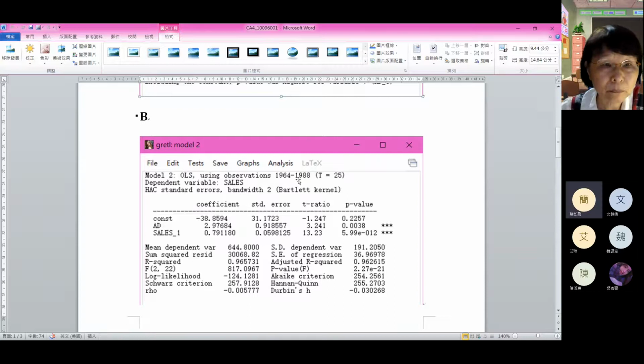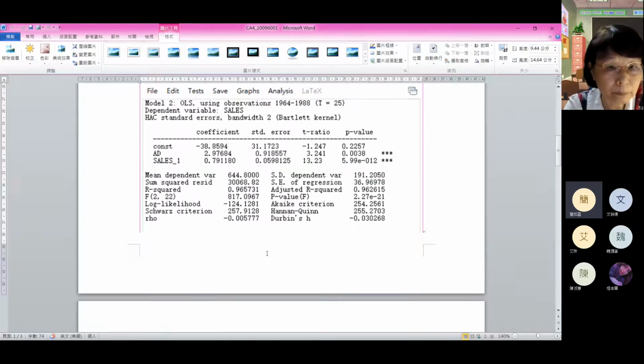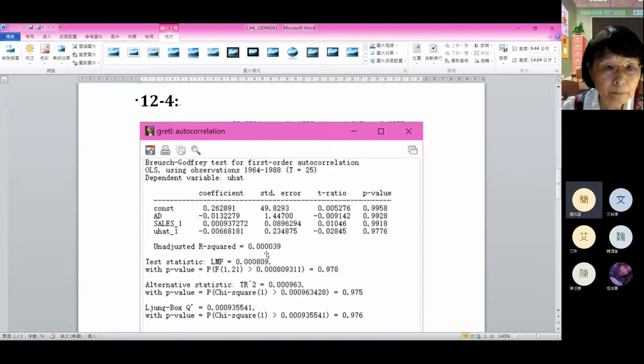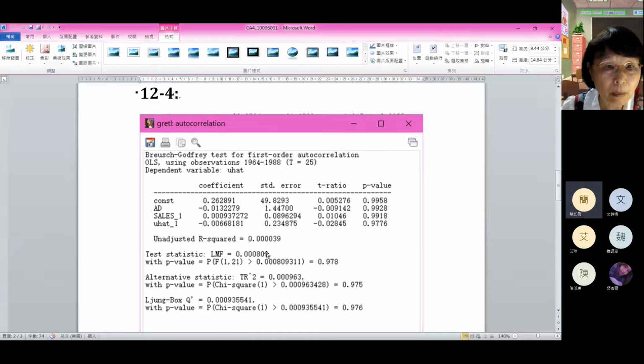And this one is the dynamic model, and this is the result. In question 4, we need to test for serial correlation, and this is the result of the serial correlation test.